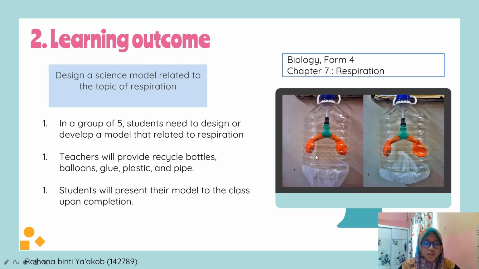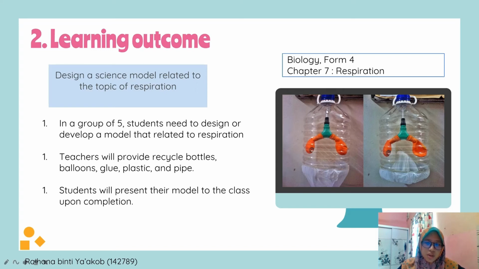Models are chosen as one of the performance assessment methods because they clearly show students the course concept in 3D. For example, this type of model shows the structure of the lungs. These balloons show both of our lungs.